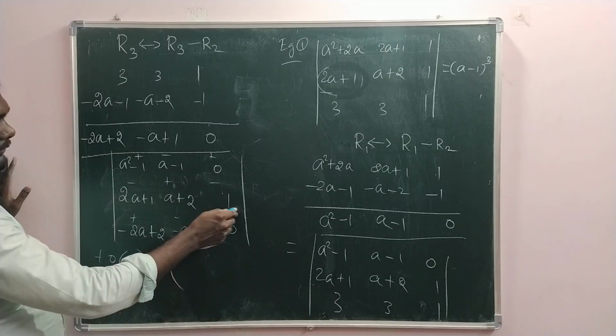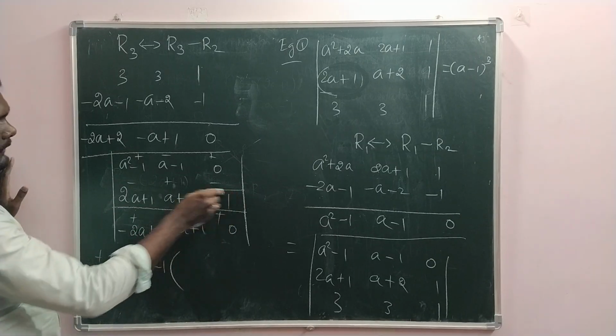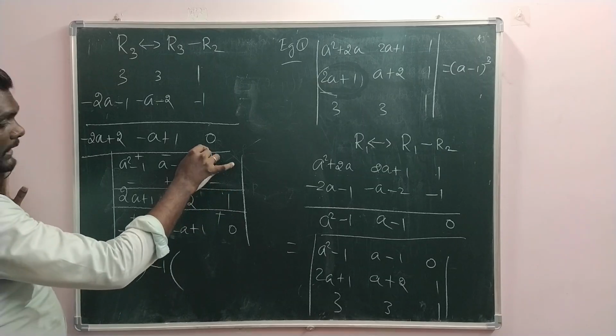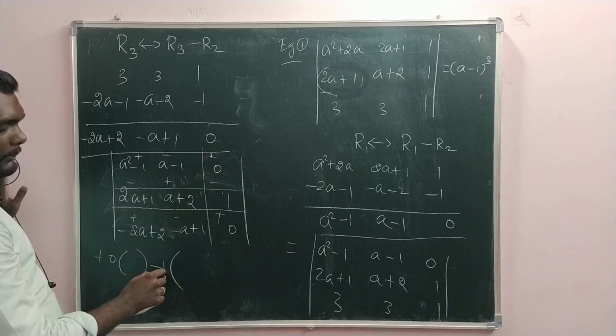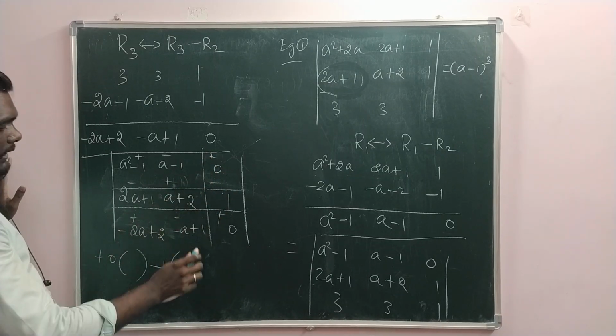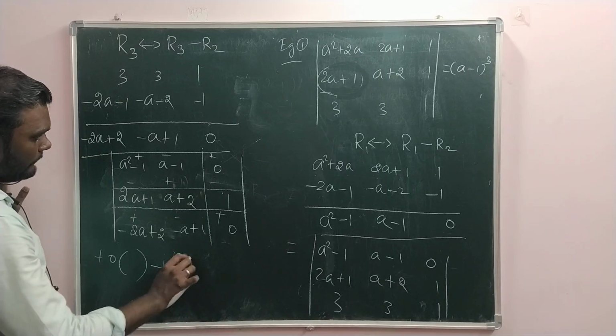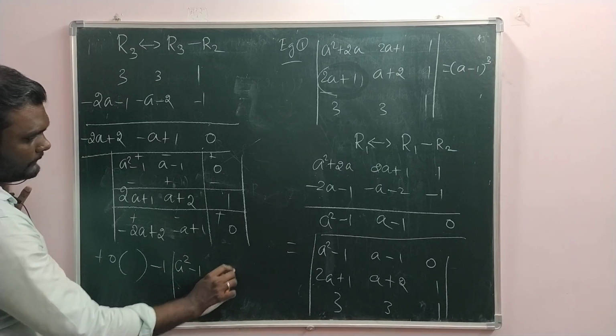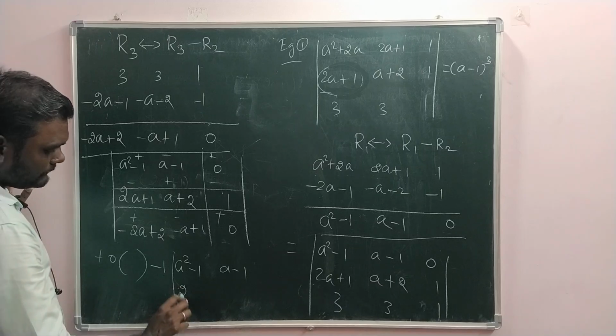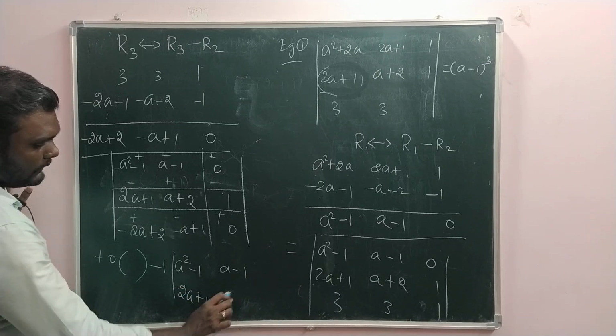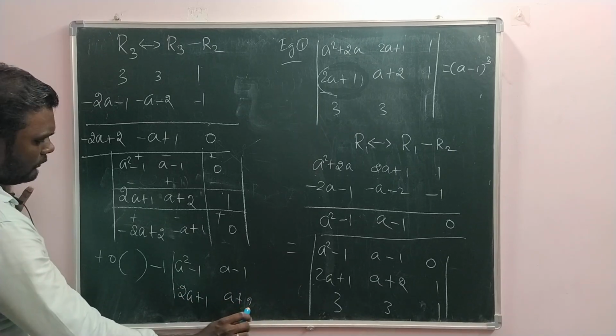Minus 1 into, for this only you should take the minor. That is, cofactor sign minus I kept. For this, the minor I take is: a square minus 1, a minus 1, 2a plus 1. Oh, sorry.